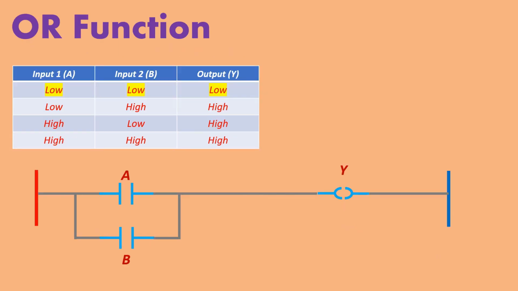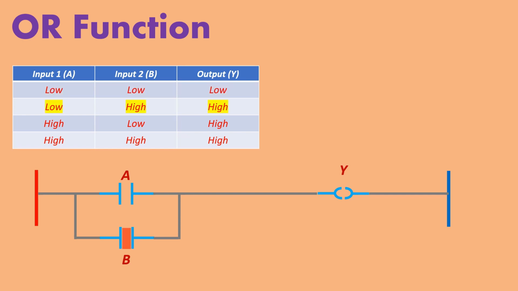Now let's look at the OR function. Here the output goes high if one of the inputs is high. This is achieved by connecting two normally open contacts in parallel with each other. When both inputs are low, the output is low, since both contacts will be open and so no current will be passed through.